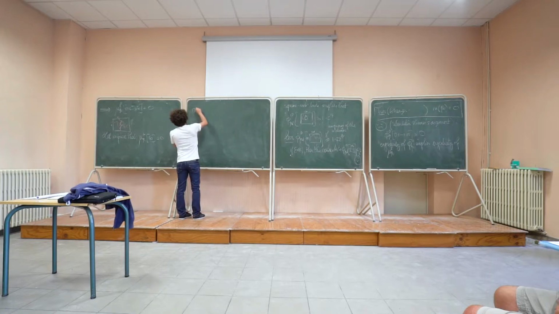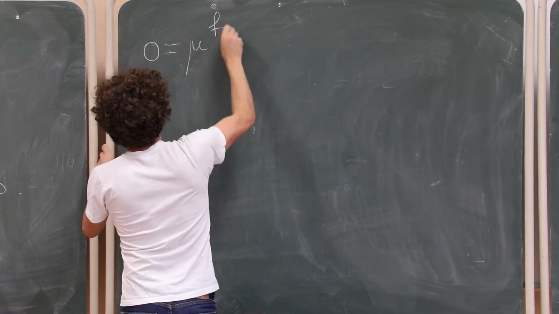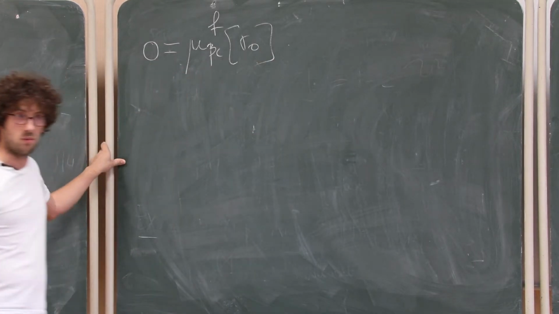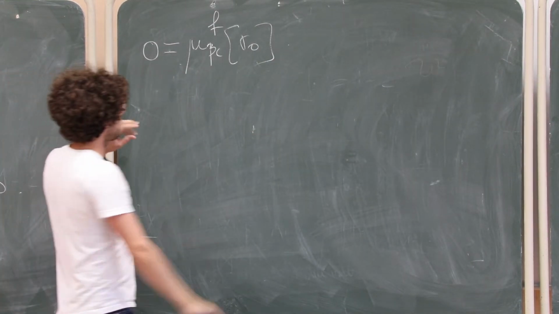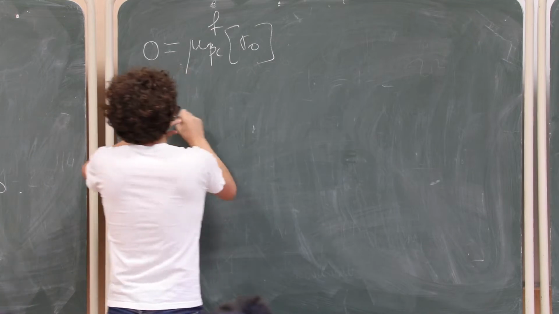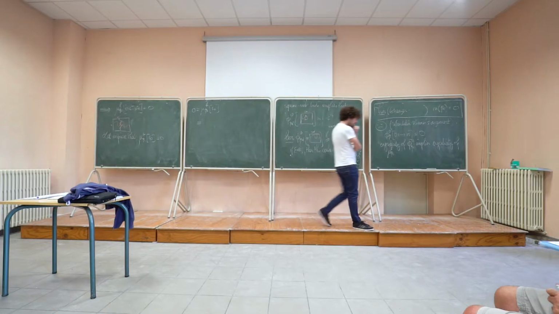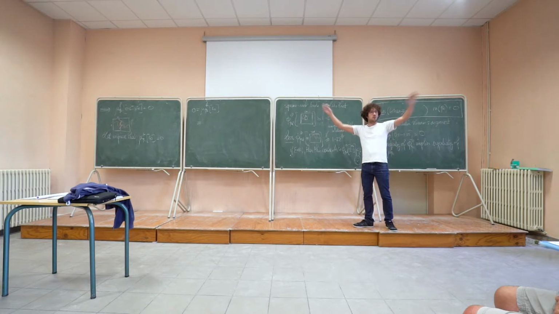Okay? What is mu free beta c of sigma 0? Well, by symmetry, it's just 0. But for mu free beta c of sigma 0, what I can do is condition from extremely far away.